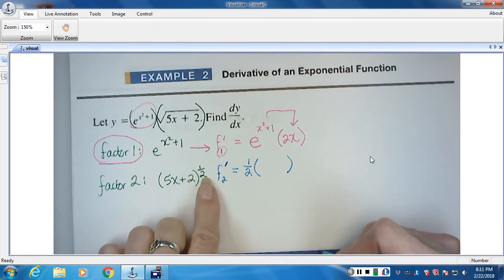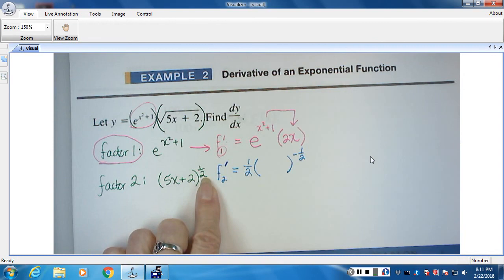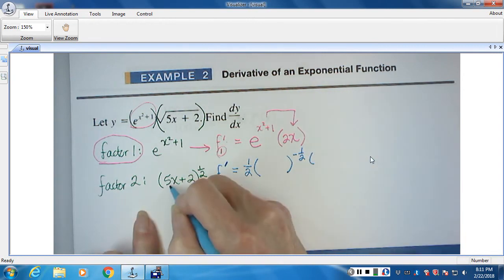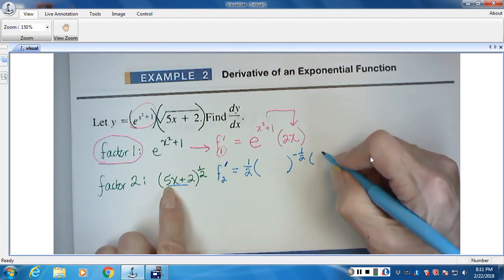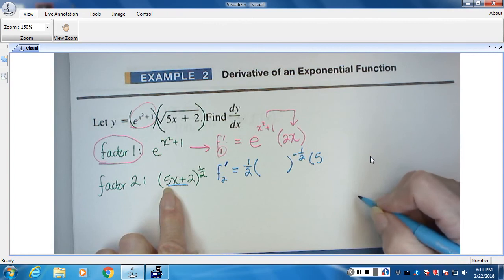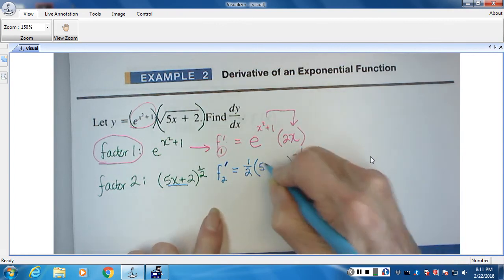I subtract 1 from 1/2. That gives me negative 1/2. Then I need to take the derivative of what was inside the parentheses, and the derivative of 5x plus 2 is 5 plus 0, which I'm going to keep as 5. And then I'll plug the original expression back into the parentheses.